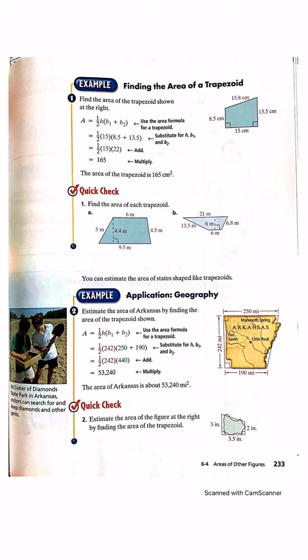Turning to the next page, they have that same formula for us right here. Area equals 1/2 times the height times the base 1 plus base 2. So looking over at our figure, this one is going to be base 1.